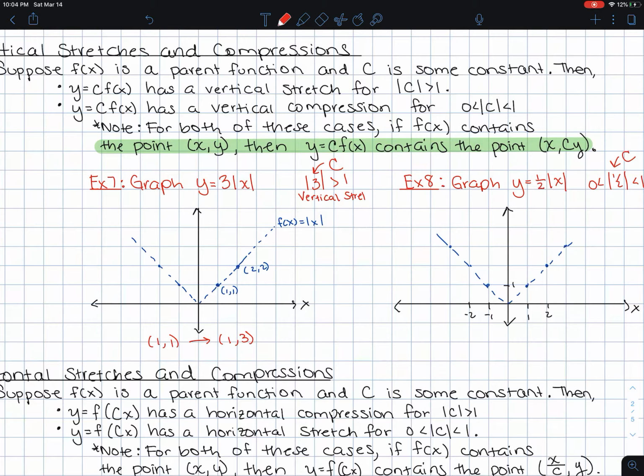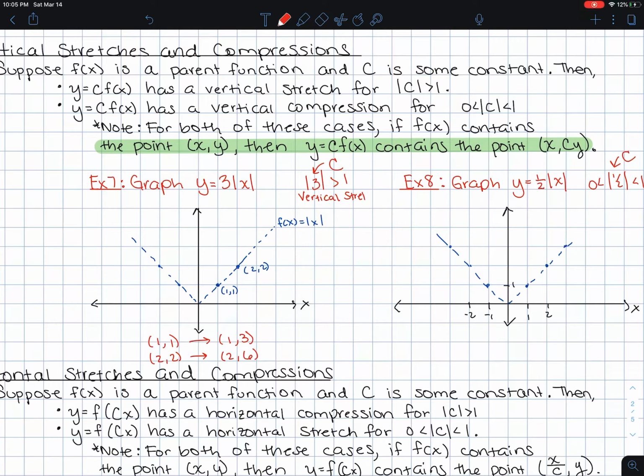Therefore, our new point is 1, 3. We also have the point 2, 2. We have the point 3, 3, 4, 4, and so on. So you can use as many as you like, or as many as will help you graph an accurate function. Okay, so x stays the same, and then we just multiply our y value by 3, which is 6. So our new point is 2, 6.